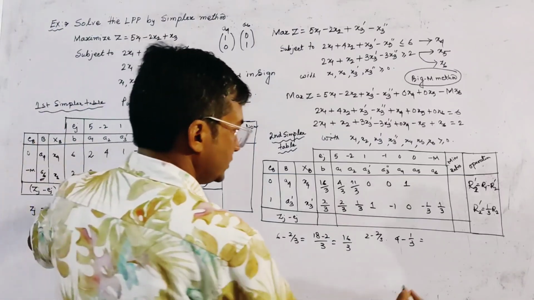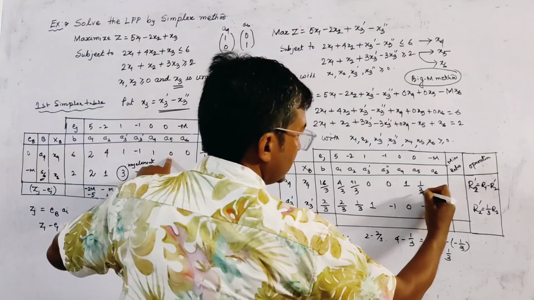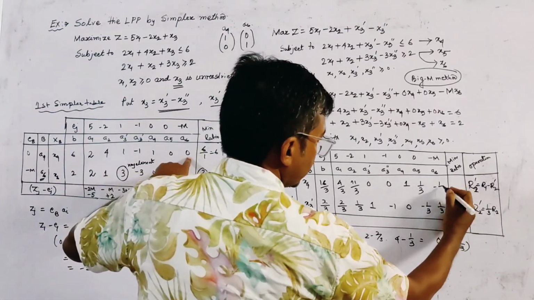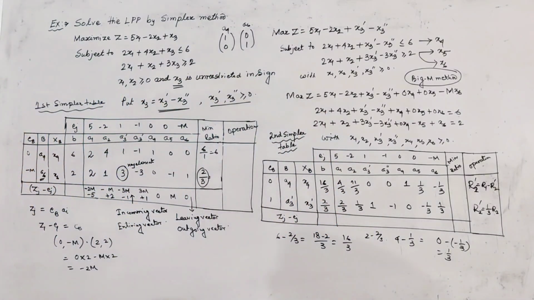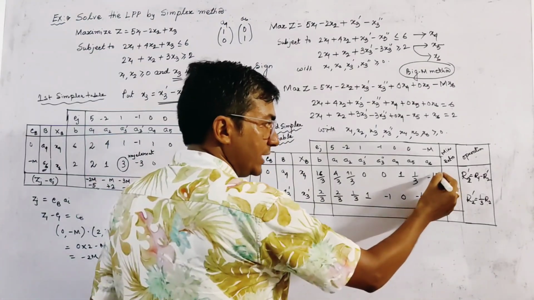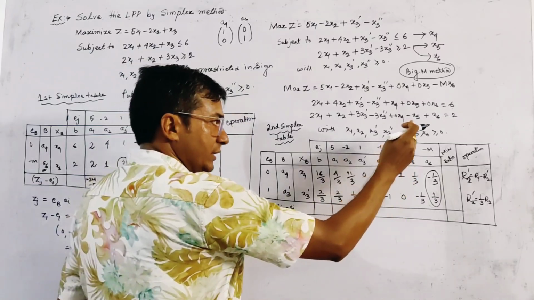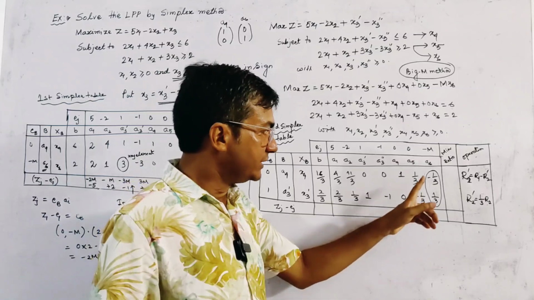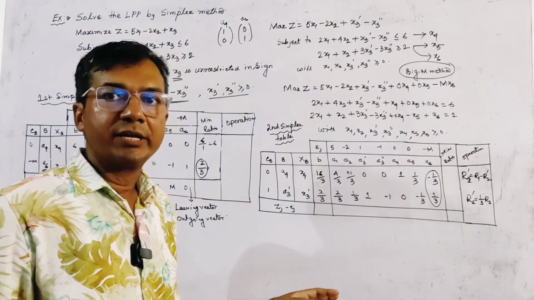This is given by 0 minus of -1/3, this is 1/3. Okay. And this is 0 minus 1/3, this is -1/3. Okay. This is the second row and this is the first row, and this is the second simplex table. You can leave this column as an empty column because the artificial variable, once it leaves the basis, cannot be an incoming vector again.